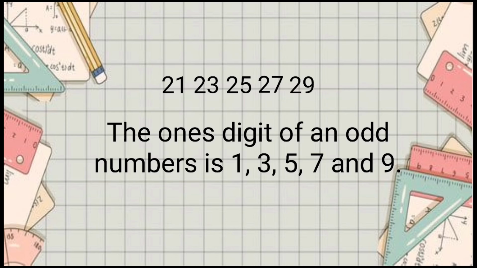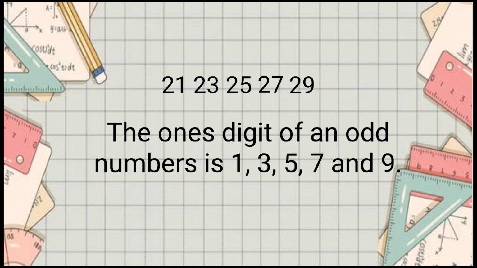And 29 ends with 9. How about 55? Is 55 an odd or even number? Odd number. Very good, because 55 ends with 5. The ones digit of 55 is 5. So it is an odd number.